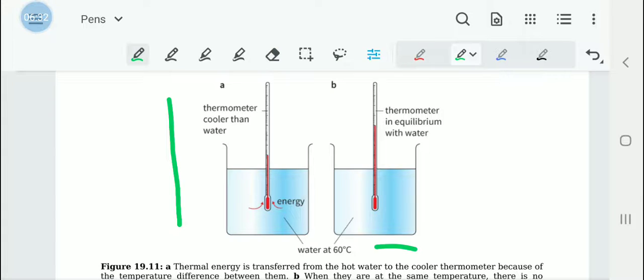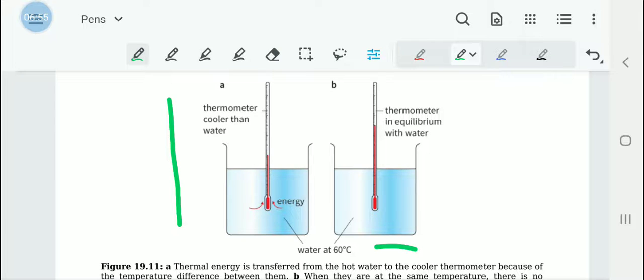So then what happens is, energy will be absorbed by the thermometer. That means heat energy will get transferred to the thermometer, and the red colored liquid will start to rise up because it expands due to the absorption of heat energy.